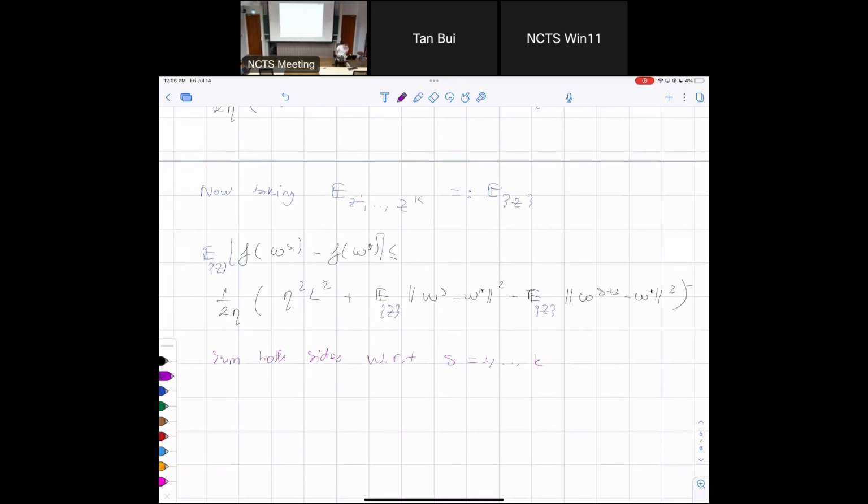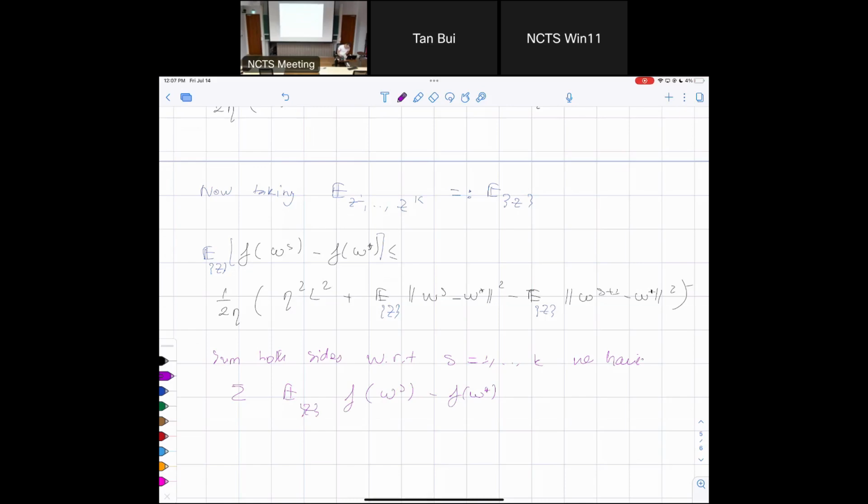What we have is the summation of the expectation with respect to Z of f of W_s minus f of W star.